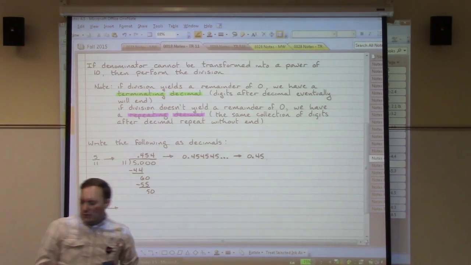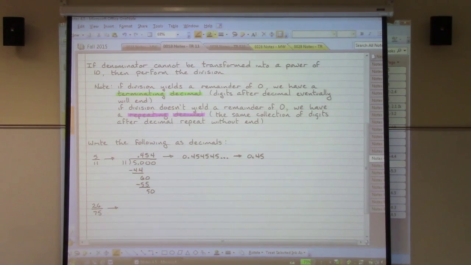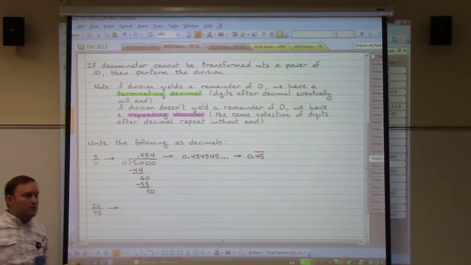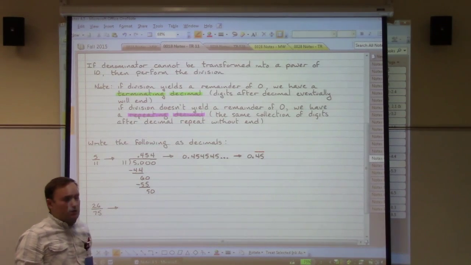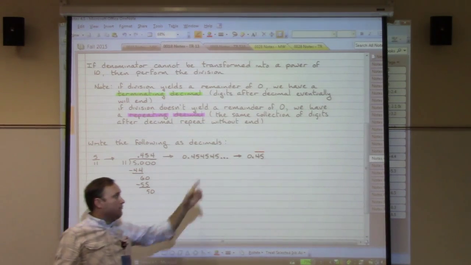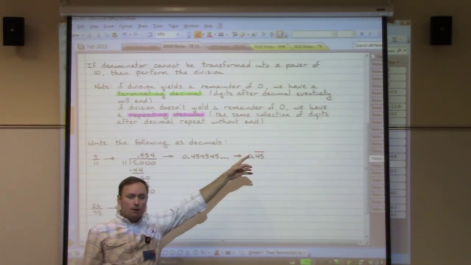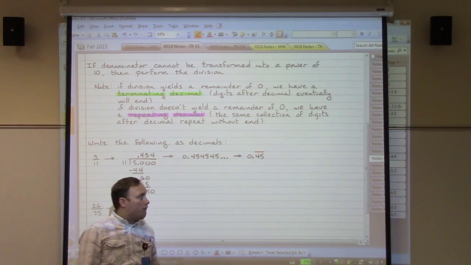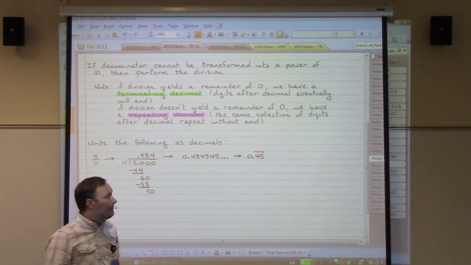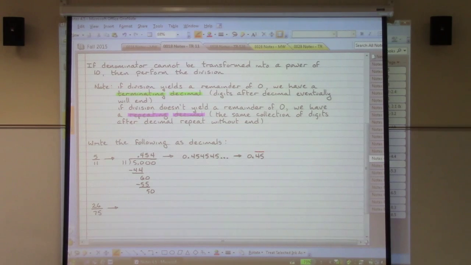And what we do to represent that is that we use a bar, and we put that bar over only the numbers that will repeat themselves. Since both the 4 and the 5 repeat themselves in this particular problem, the bar is going to go over both of those numbers.